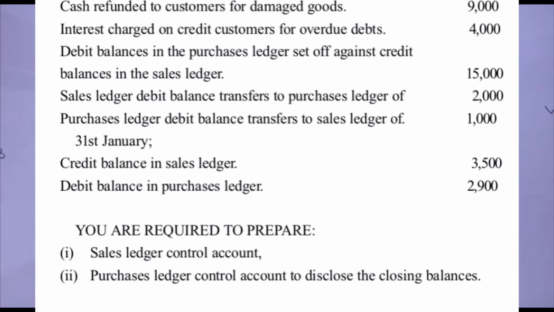On 31st January, credit balance in sales ledger 3,500. Debit balance in purchases ledger 2,900. You are required to prepare the sales ledger control account and purchases ledger control account to disclose the closing balances.